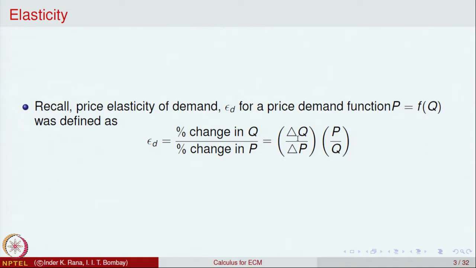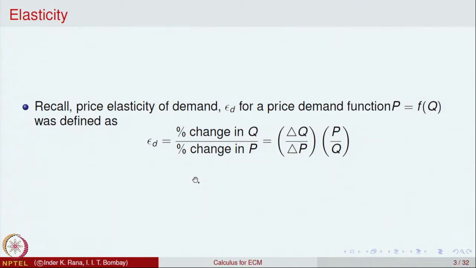So, what is delta q? That is the change in the demand q, resulting from a change in the price, that is delta p, at the point where the price is p. That was how we defined it, and we gave a reason why it should be defined this way.